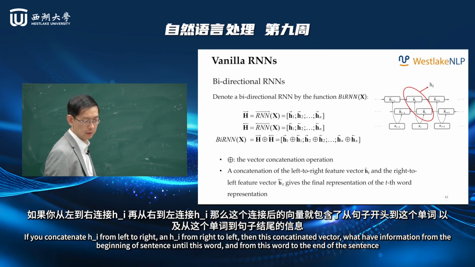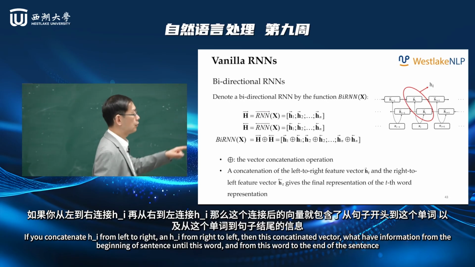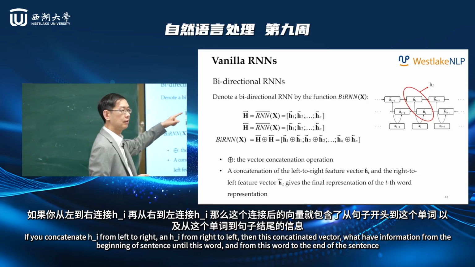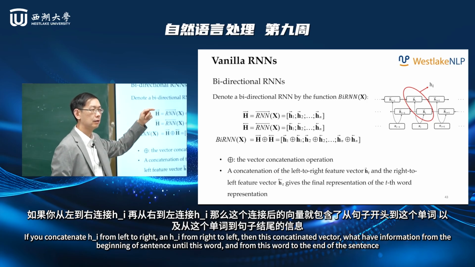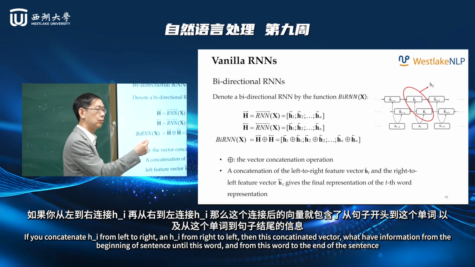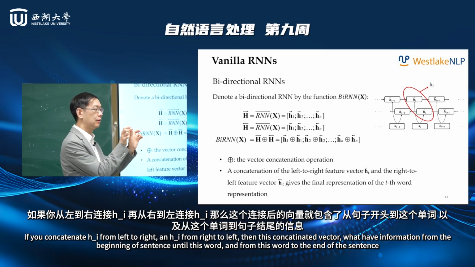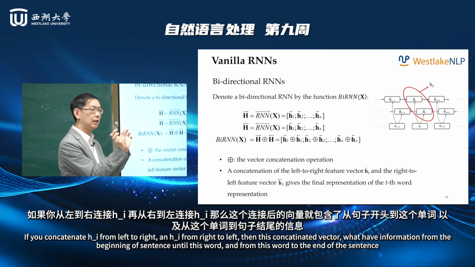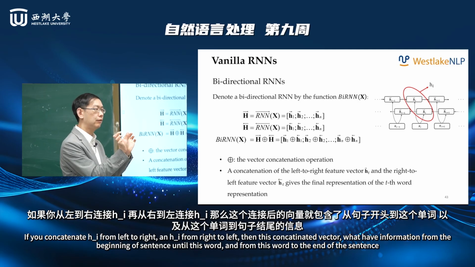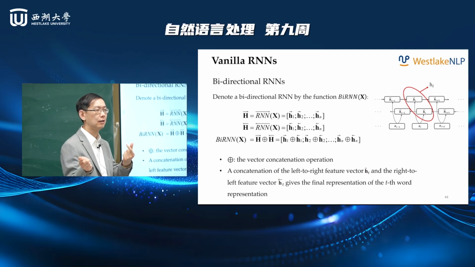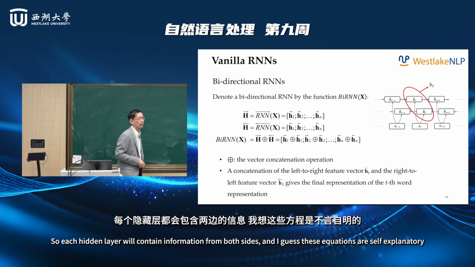If you concatenate H_i from left to right and H_i from right to left, then this concatenated vector will have information from the beginning of the sentence until this word, and from this word to the end of the sentence. Okay? So each hidden layer will contain information from both sides.